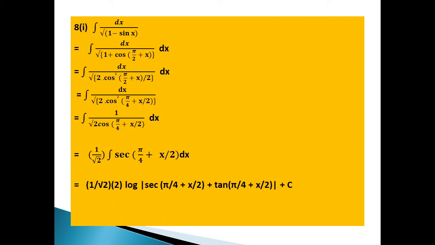That's a direct formula now. 1 by root 2 remains as such, and when I do the integration, sec would be log of sec of pi by 4 plus x by 2 plus tan of pi by 4 plus x by 2, and you can see x by 2 has a multiplier 1 by 2, so that 2 goes up and your answer simplifies to root 2 times log of sec of pi by 4 plus x by 2 plus tan of pi by 4 plus x by 2 plus c, which is the constant of integration.